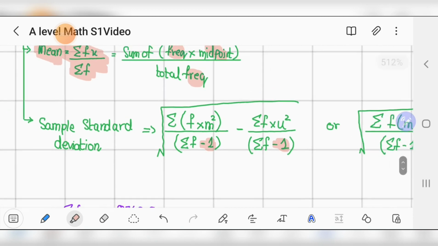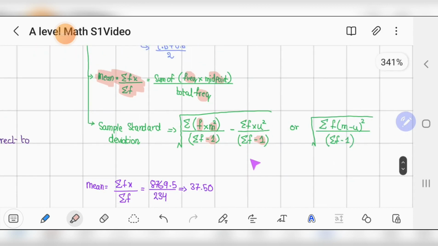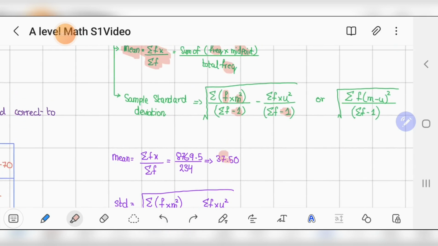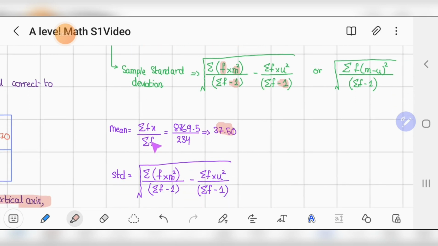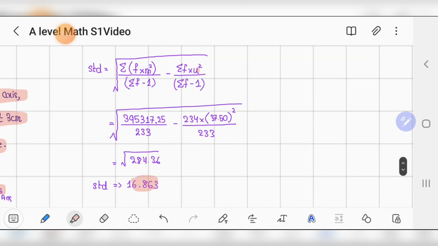Another difference is that the frequency and the midpoint would be squared. That's it, it's really easy. You can just use this one or this one. So you have calculated the mean, and then you put this in here, do it like this, and you get this answer.